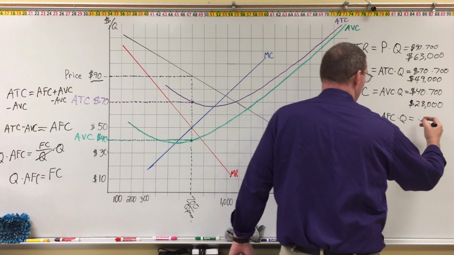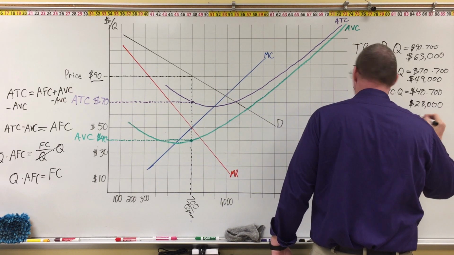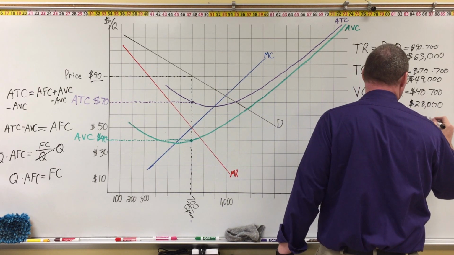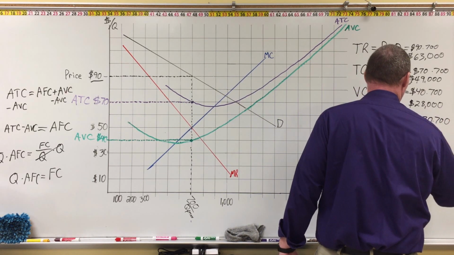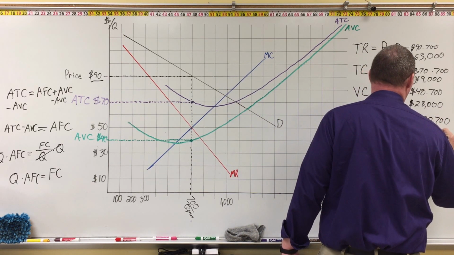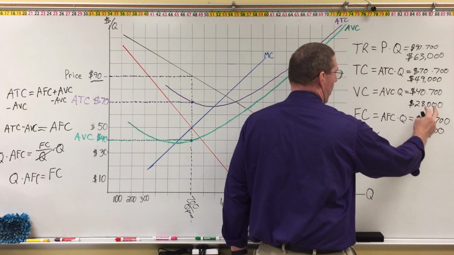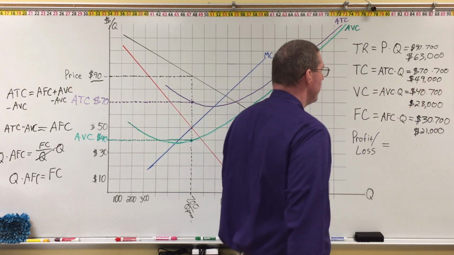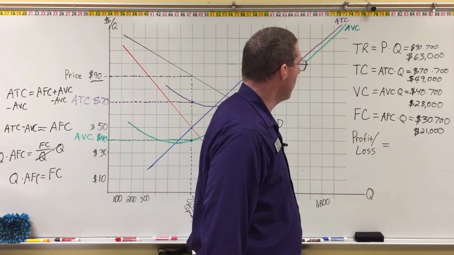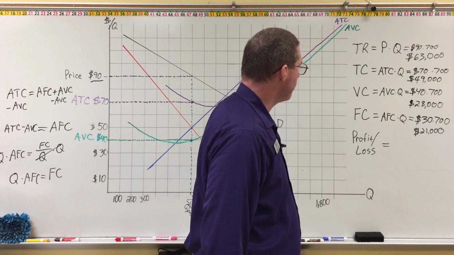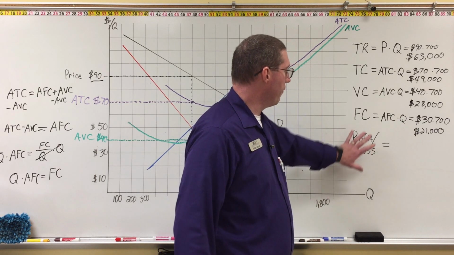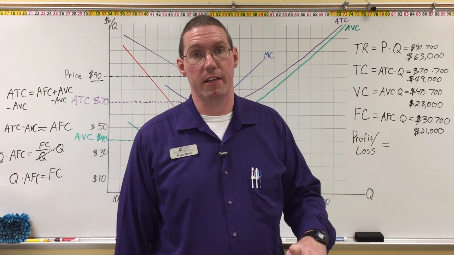And so that's going to be, what did we say, $30 times 700, which is going to be $21,000. And if you were to add the $21,000 plus the $28,000, you would get $49,000.